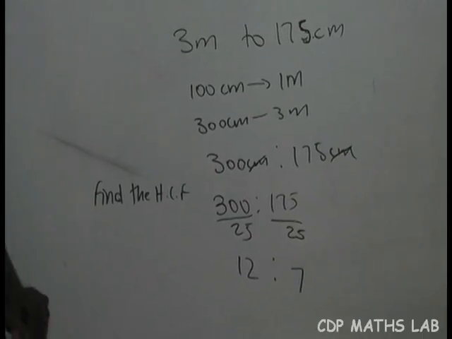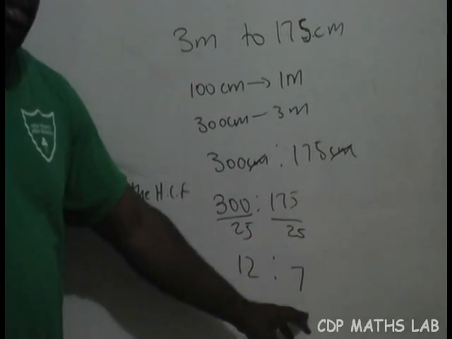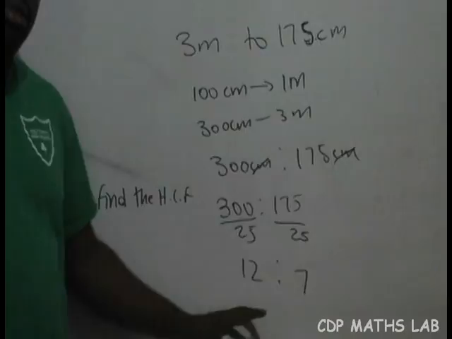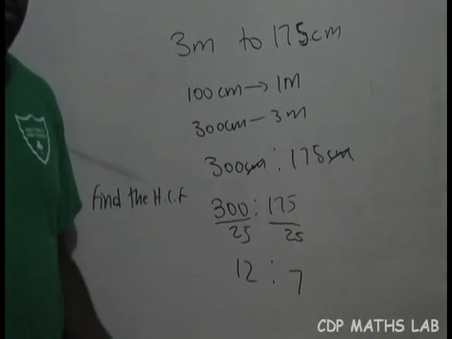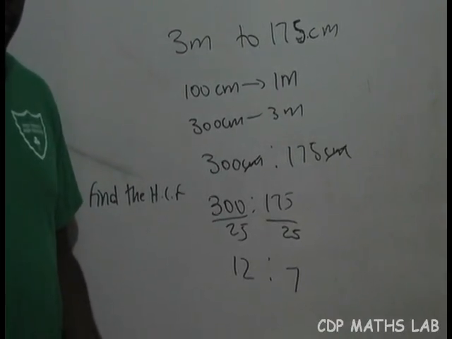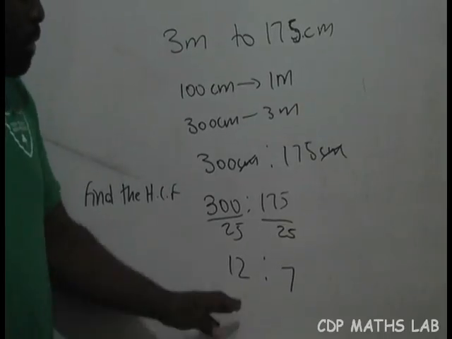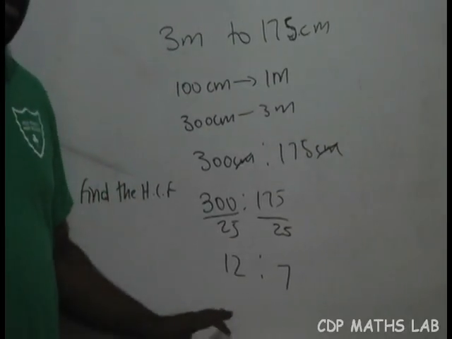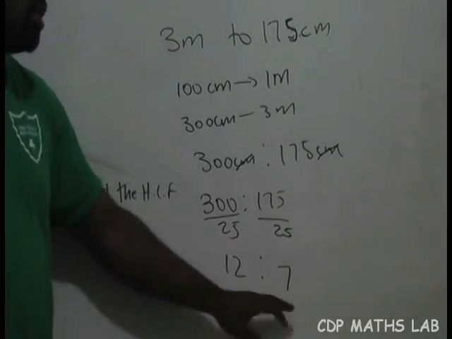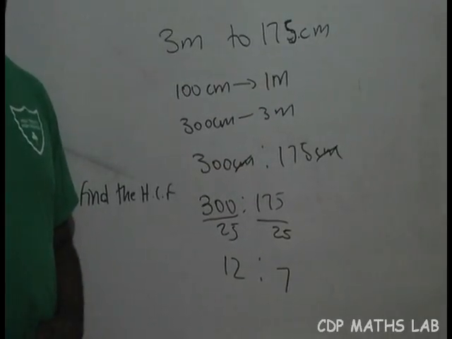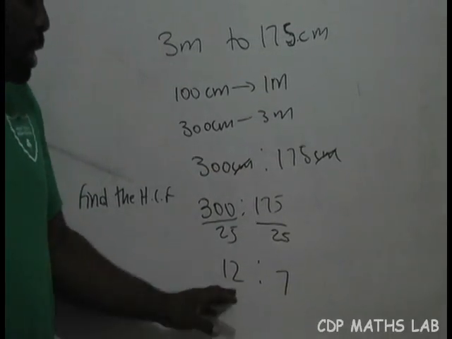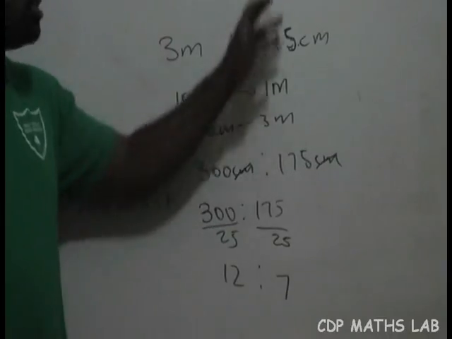Now if you cannot find any factor that is common between both numbers, then it cannot be broken down anymore. Is that clear? So if you cannot find any factor common between both numbers, then this ratio cannot be broken down anymore, so it is in lowest term.